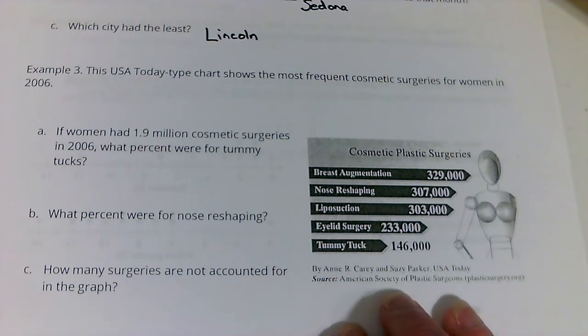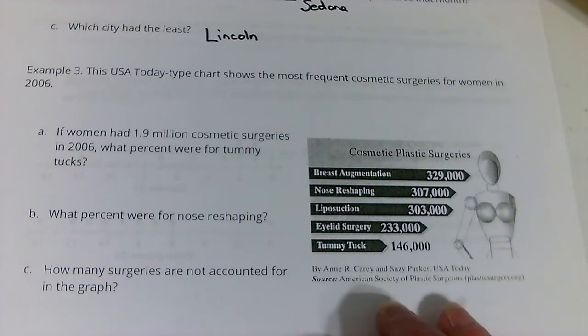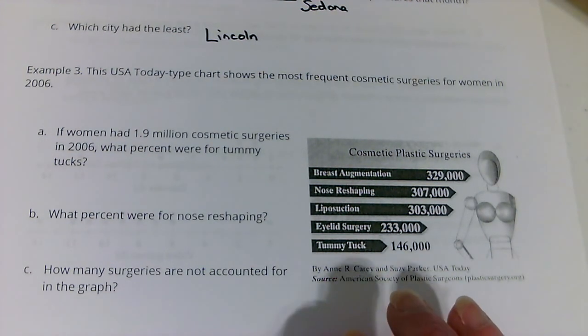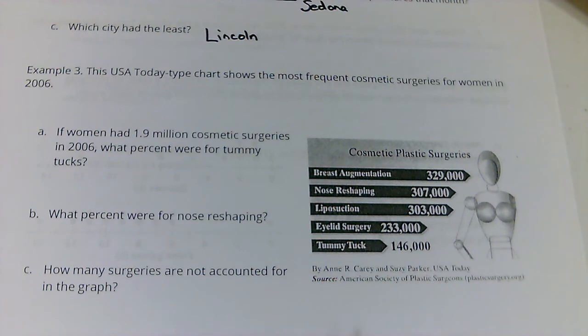Now here's an ad or a chart from USA Today. And it shows the most frequent cosmetic surgeries for women in 2006. If women had 1.9 million cosmetic surgeries in 2006, what percent were for tummy tucks?